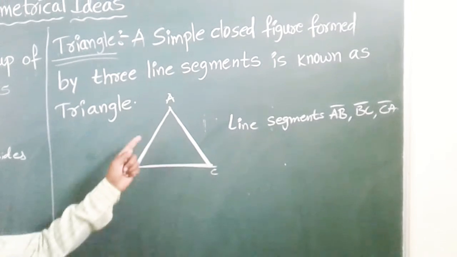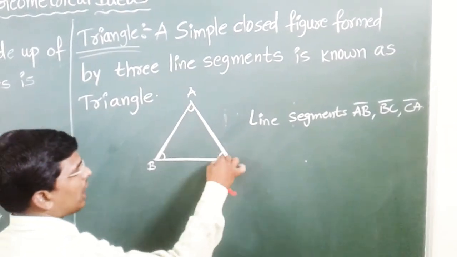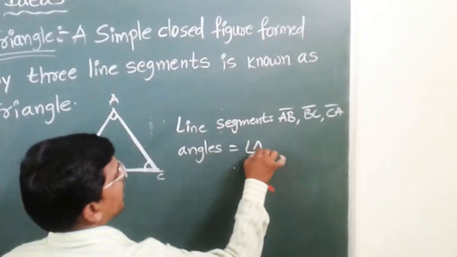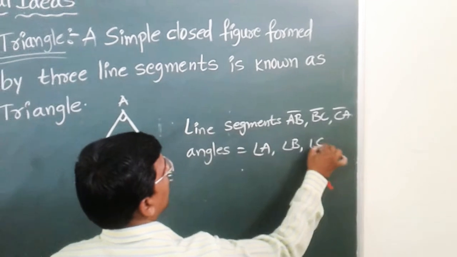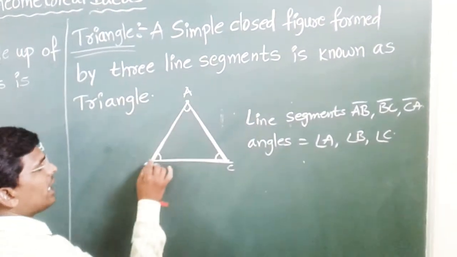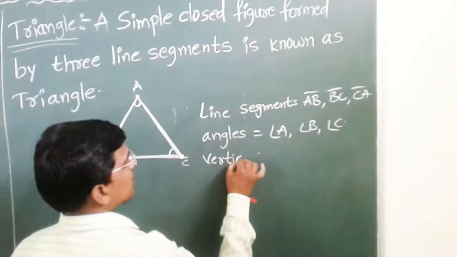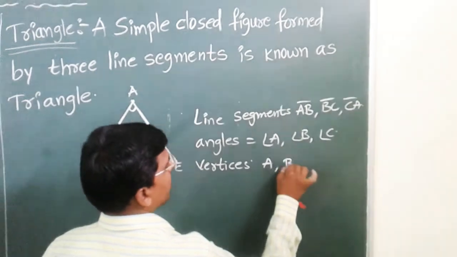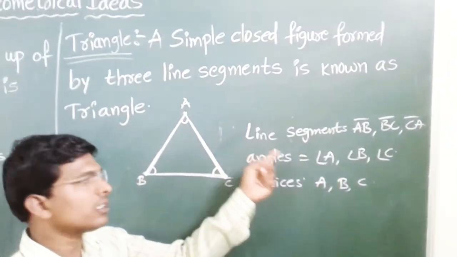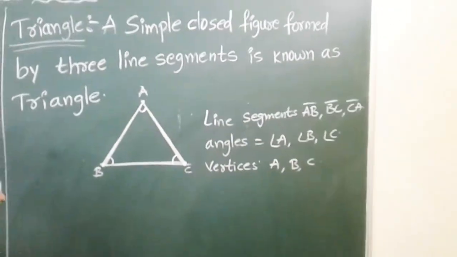What are the angles present here? This is angle A, angle B, and angle C. How many vertices do we have? Vertex A, vertex B, and vertex C. Vertices A, B, C. So a triangle has three line segments, three angles, and three vertices.